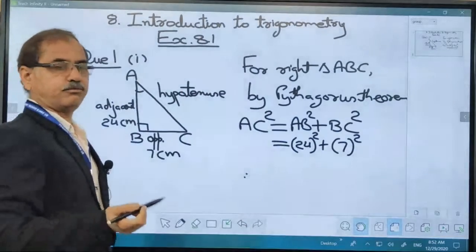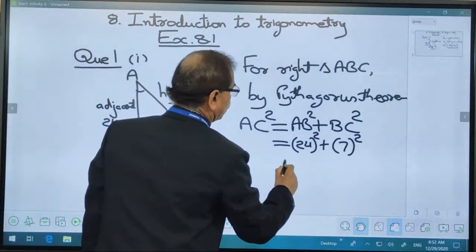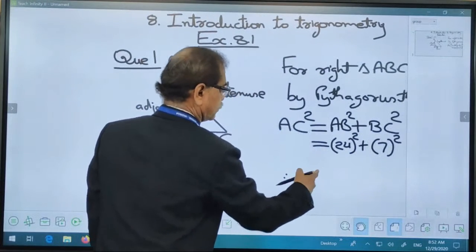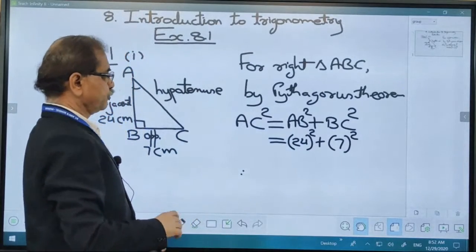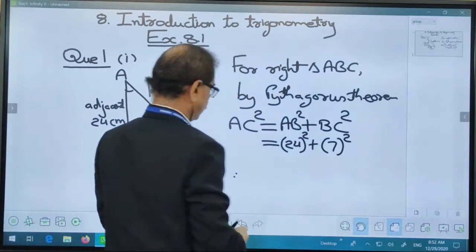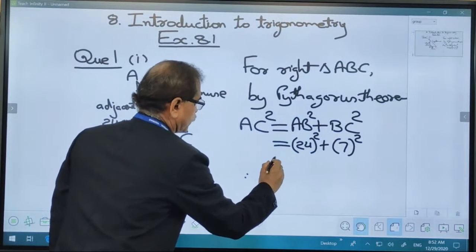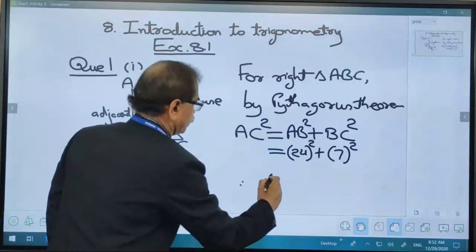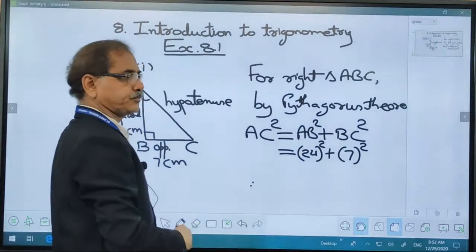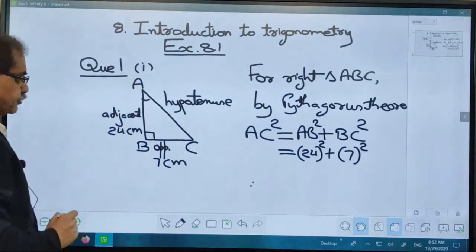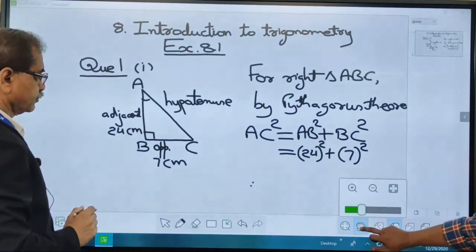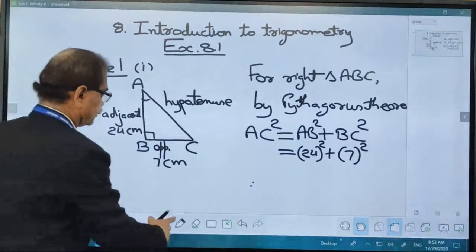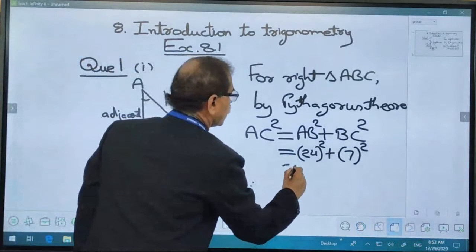Now, you must be very fast in your calculations. You must know how much is the square of 24?